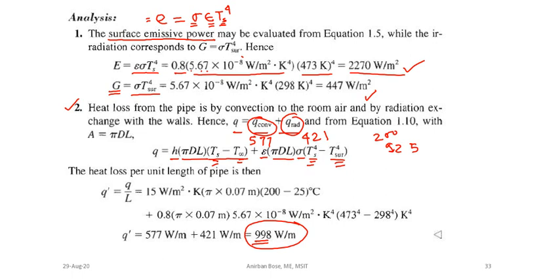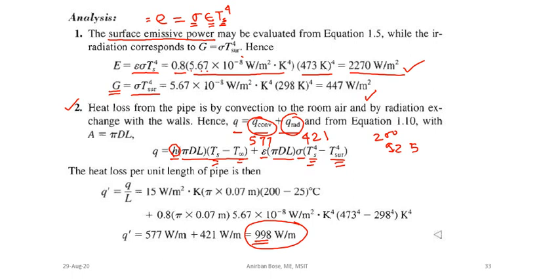Another point is that h is not very high here, h is very small. We have considered only 15 that is given, which is probably for natural convection only, so it is small. So if h is small and the temperature difference between surrounding and the surface is very high, then radiation might be comparable to the convection.